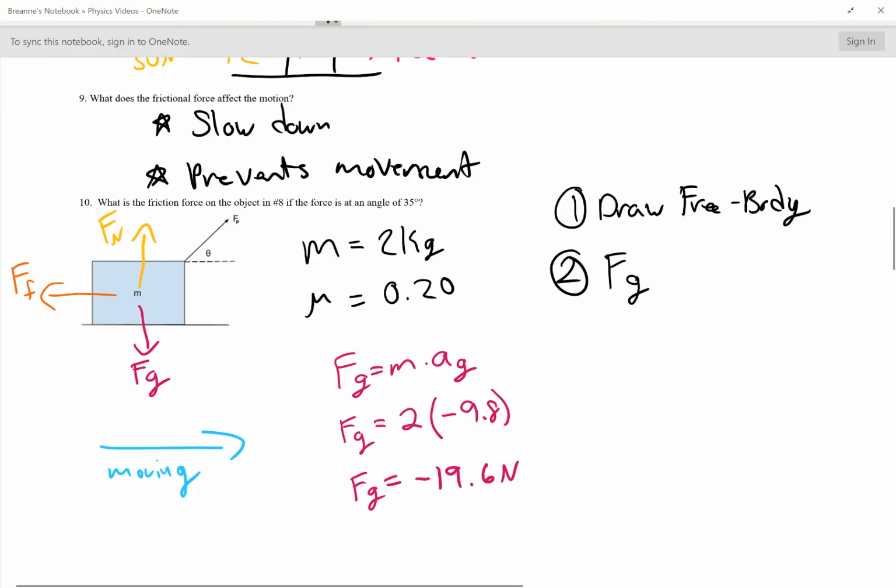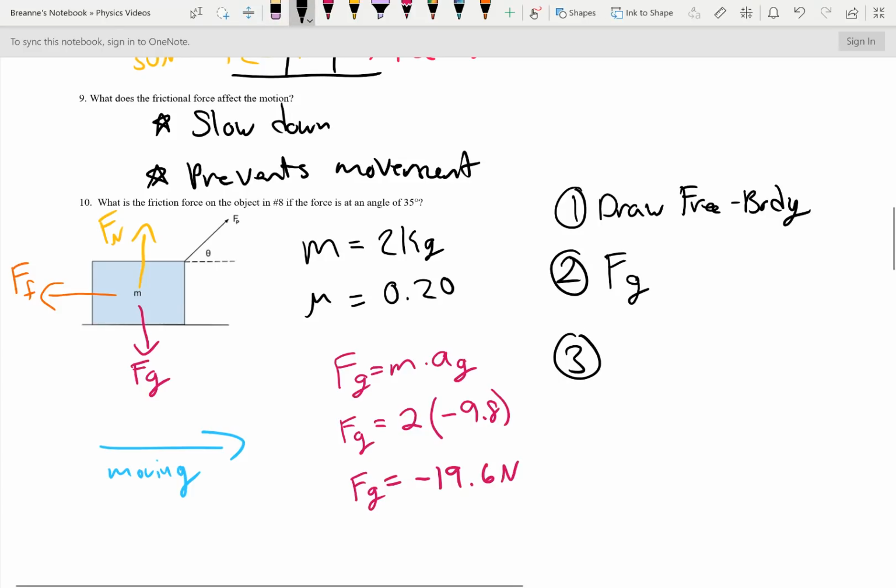So step 3 is you're going to break it into its x and y components. So you have to find your force applied in the x, and you need to find your force applied in the y. That just should be force applied. Force of pull, force applied, yeah.